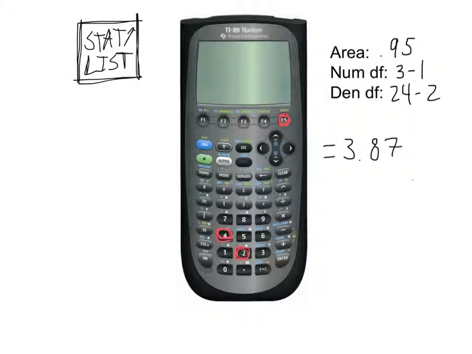And once we enter the information, we can go ahead and enter that into the calculator, and we get the output value of 3.87.